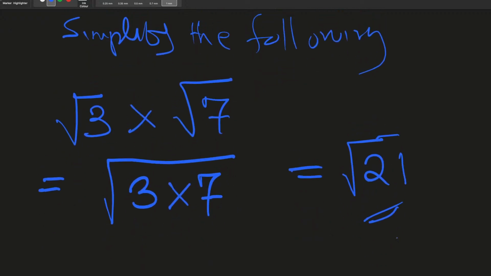The other question says simplify root 200. So how do we go about this?